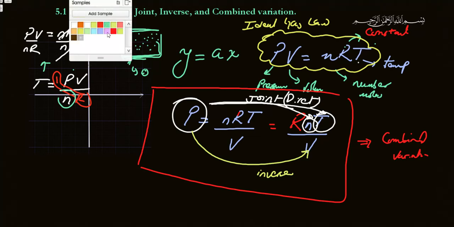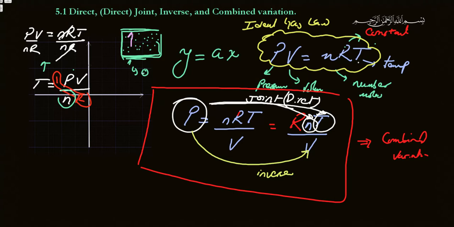So what has to happen? If you increase the temperature, the pressure has to go up, right? The pressure that the molecules are exerting has to go up. So if the temperature rises and the volume stays the same, the number of molecules stays the same, and the constant here doesn't change, the pressure in the pressure cooker therefore will have to go up.